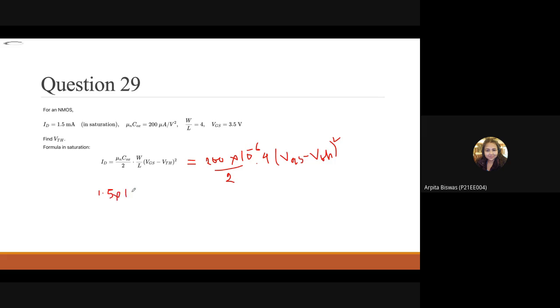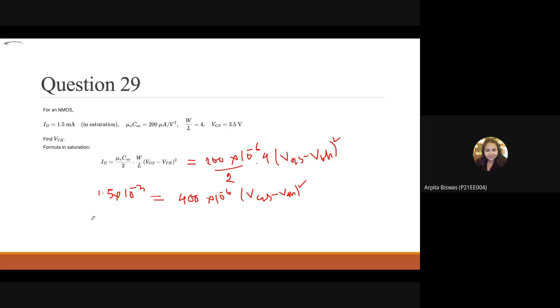Okay, this is a milli. So the right side is 400 into 10 to the power minus 6 into VGS minus VTH whole square.